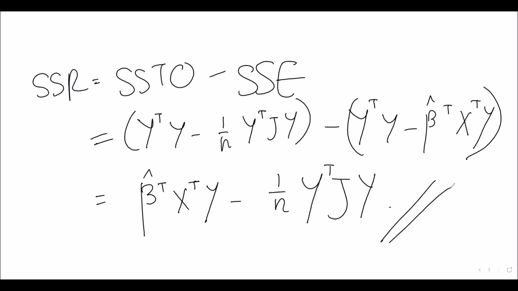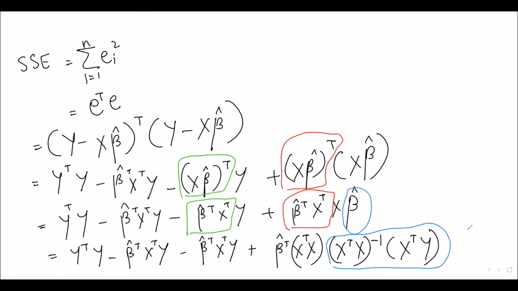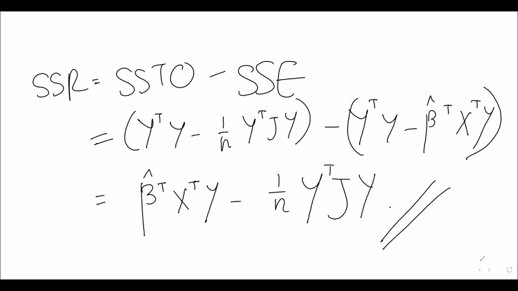Actually, you all have to know these because these are not given at the exam. So you have to know the matrix notation of SSR, SSTO and SSE. I won't tell you to learn things by heart, but you know, get things in practice.